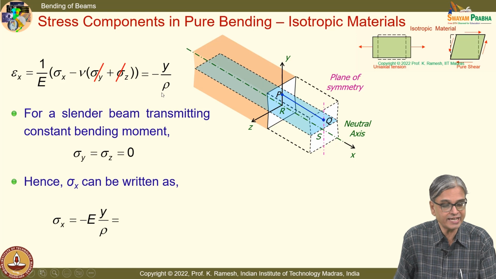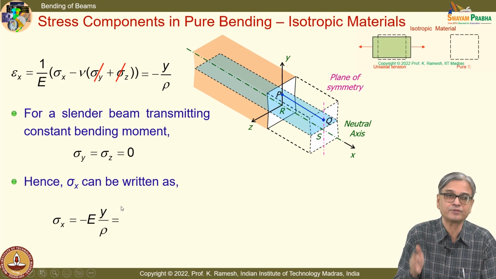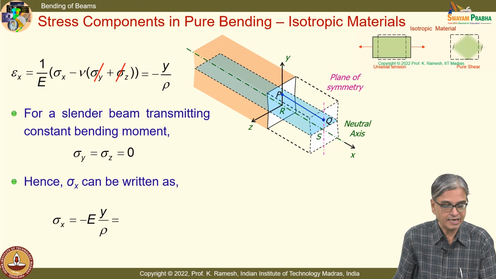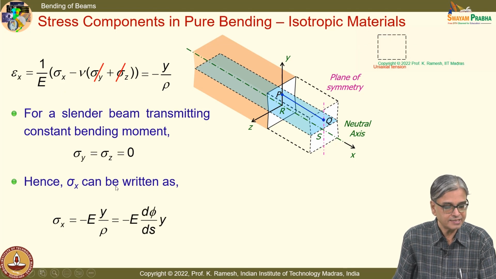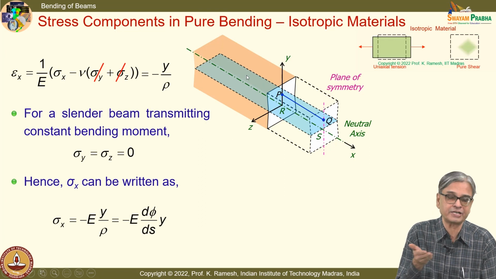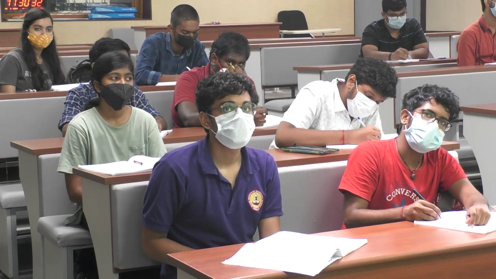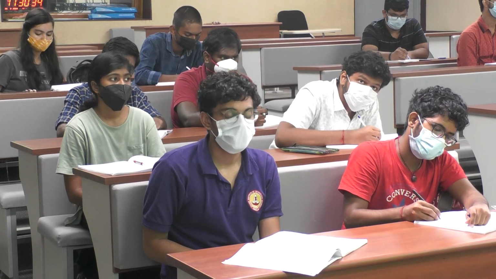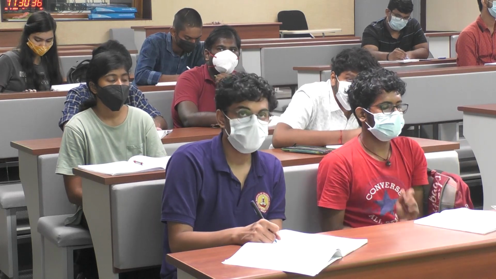So, like strain varies linearly over the depth of the beam, stress also varies linearly over the depth of the beam. Like strain reaches maximum at y max, stress also reaches maximum at y max. In one case it is compression, in another case it is tension. But algebraically you can say one is maximum, another is minimum.